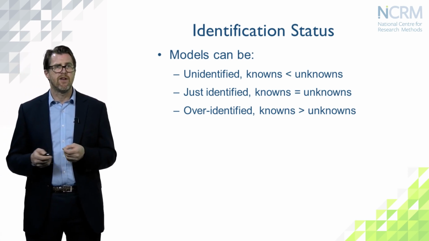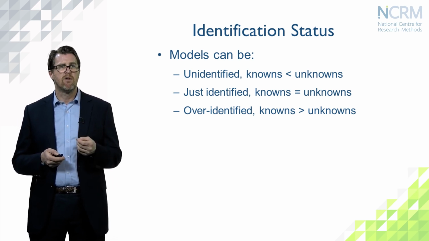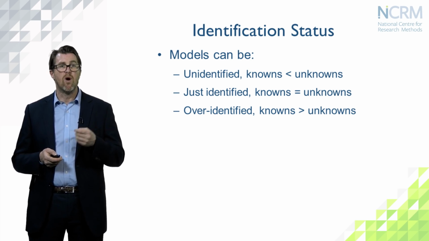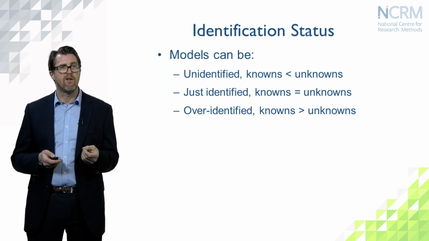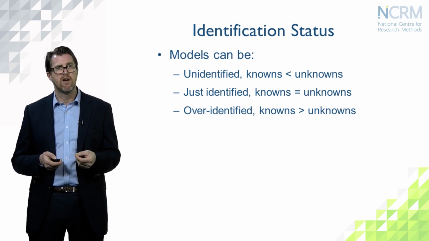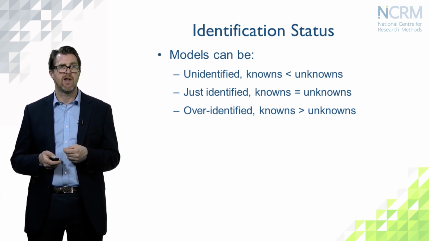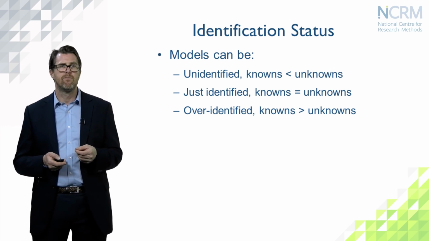Now, models can have different identification status. A model can have, as we saw a moment ago, more unknowns than knowns. That means that it's unidentified. We can't produce unique values for the unknown parameters. So that's an unidentified model.